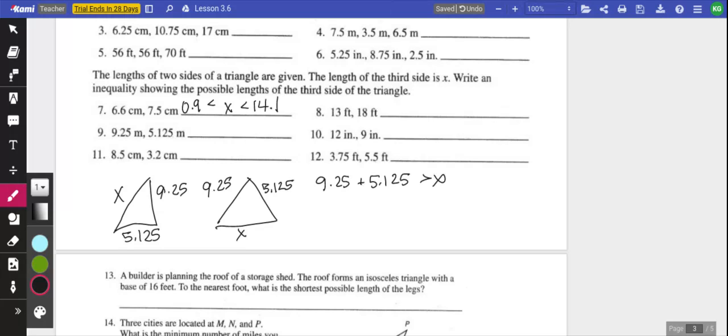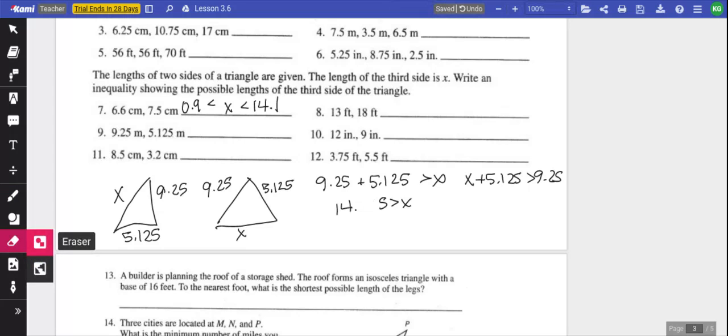Plus 5.125 is 14.625. Or x plus 5.125 has to be greater than 9.25. Oh, I did the first one wrong. 9.25 plus 5.125 is 14.375.